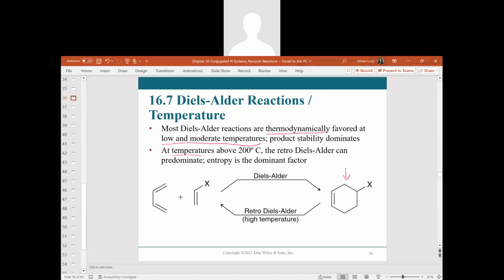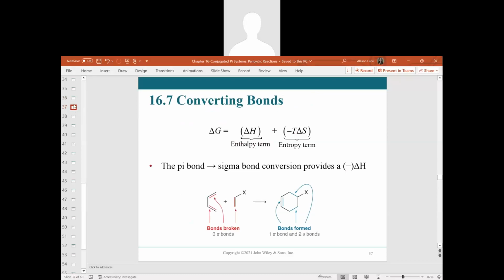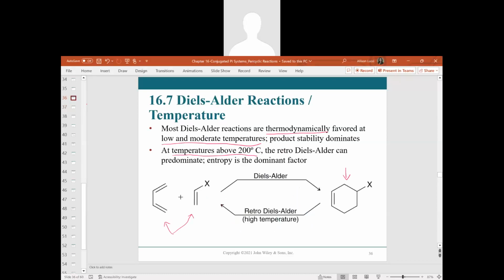Then again, at higher temperatures above 200 degrees Celsius, we see what's referred to as a retro-Diels-Alder reaction, where our compound actually breaks down into the 2 starting materials that we see over here. And we will define each of these starting materials later on as the diene and the dienophile.